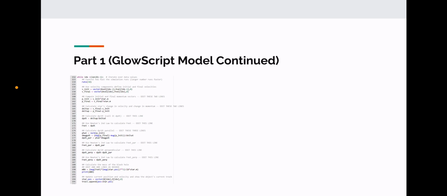Part 2 of part 1, GlowScript model continued. In these ones, we defined the initial momentum, final momentum, and change in momentum, and initial velocity, final velocity, and then the changes in both of those by taking the final minus initial. dp/dt, we define as the change in momentum, delta p, over delta t, the change in time as defined before. F net is equal to dp/dt, as I said on the second or third slide.